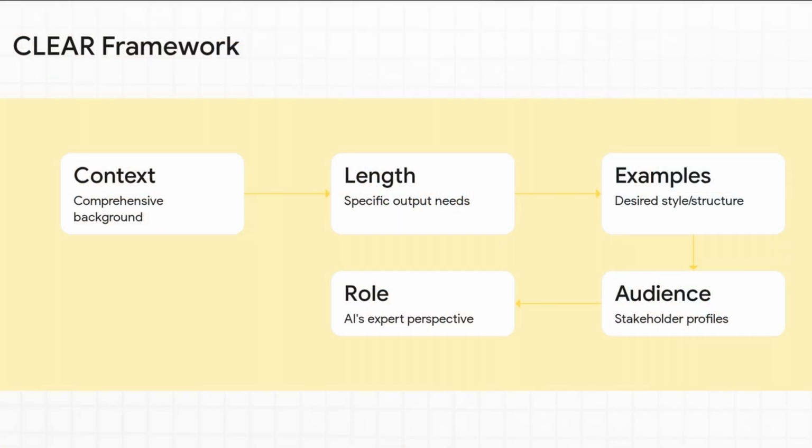So that's the context of the situation, the length in which you want AI to respond, some examples of what it is you're looking for, the audience that you're writing to or what the AI is writing to, and then the role in which AI is acting as. So that's CLEAR, and it's a really important piece to understanding how we apply context with a framework.